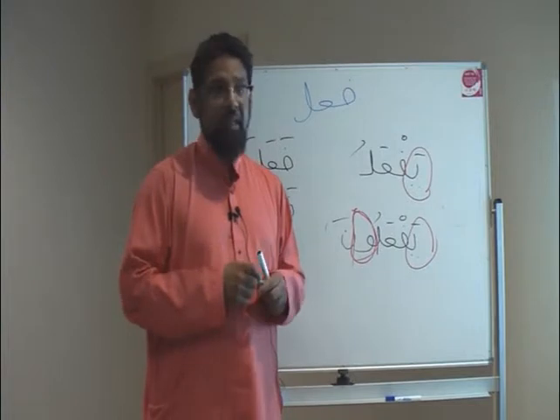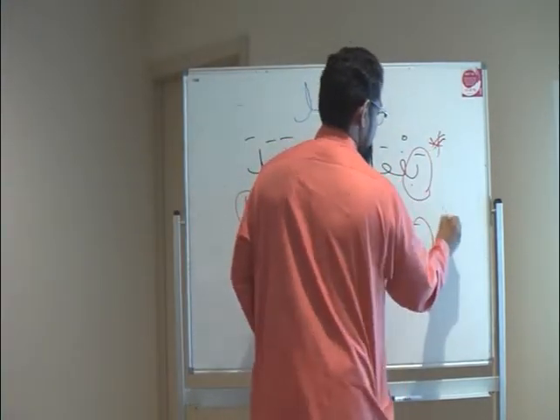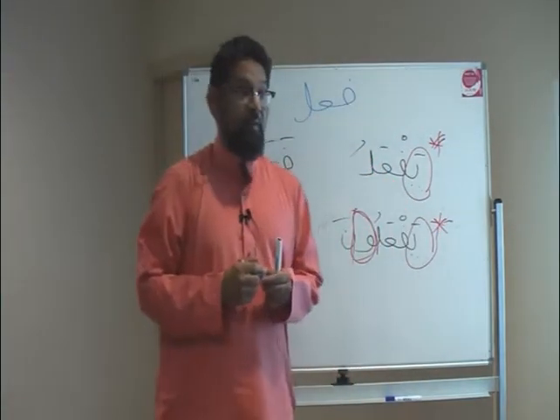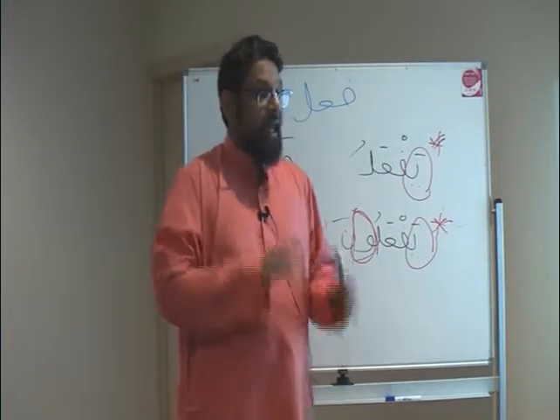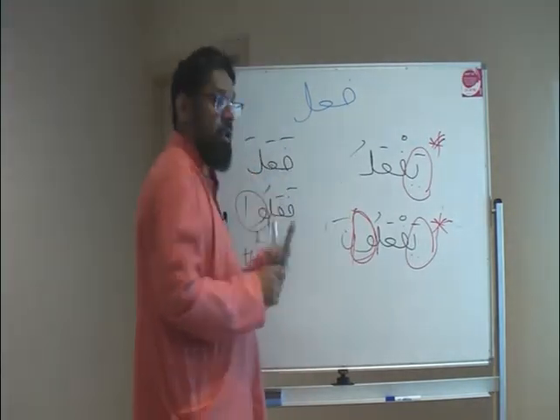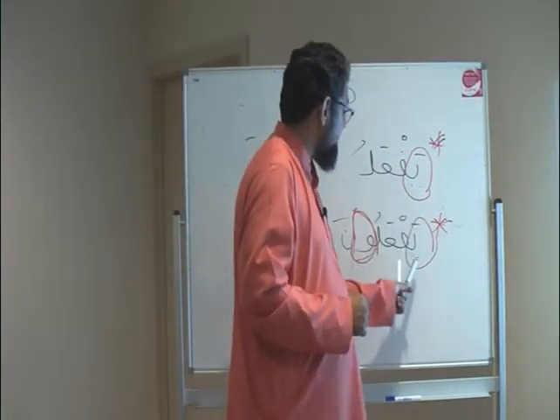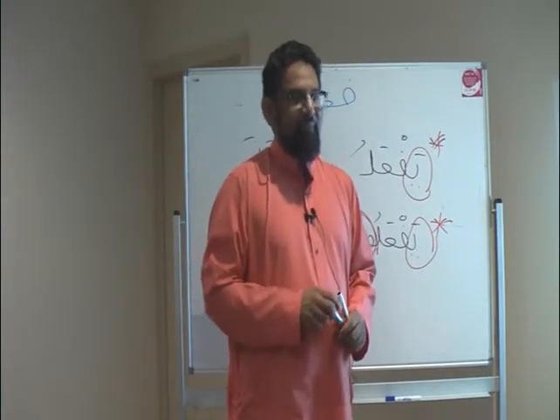And mostly with the present tense, the bit that gives it away is the prefix, which does not occur in any of the past tense verbs. It's always fa'alta, fa'altum, even for the female fa'alna, it always starts with the three letters. But in the present tense, mudari', you always have a prefix. Is it those three words, is it the root word?